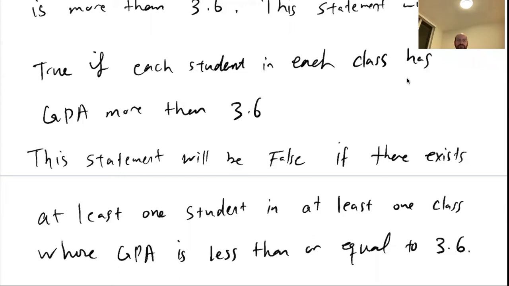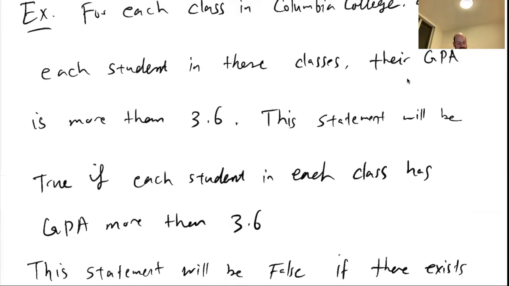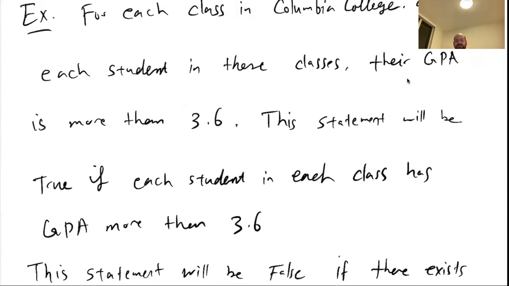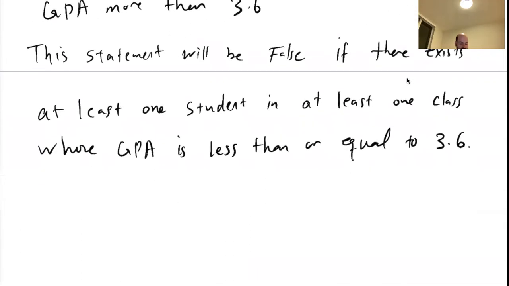If there exists at least one student with GPA less than 3.6 in at least one class, then this statement will be false. But if every student in every class has GPA more than 3.6, this statement will be true.